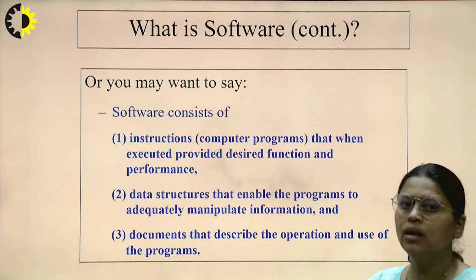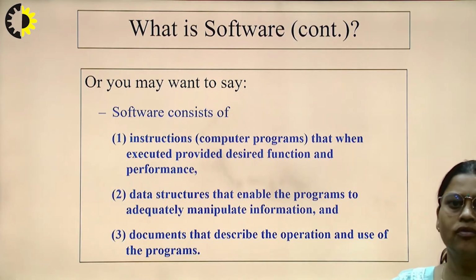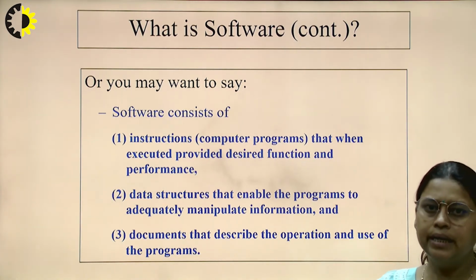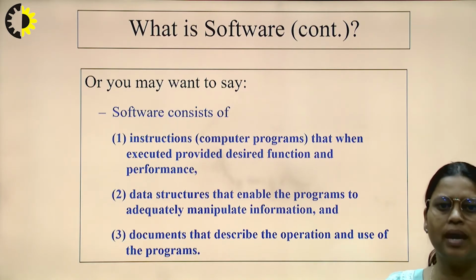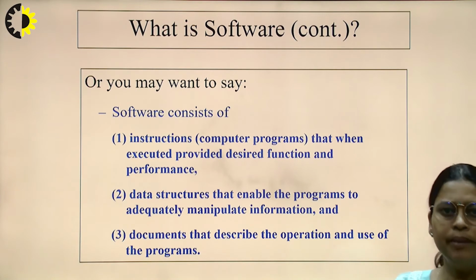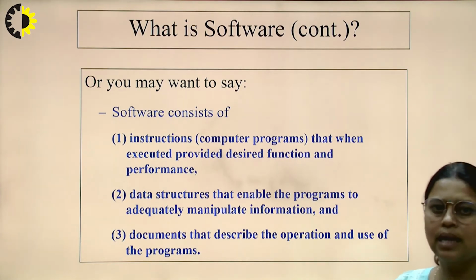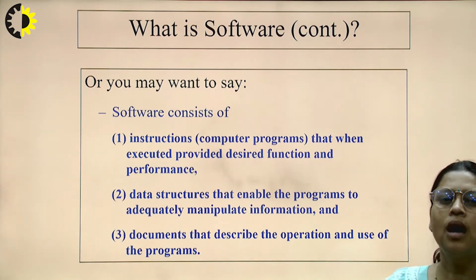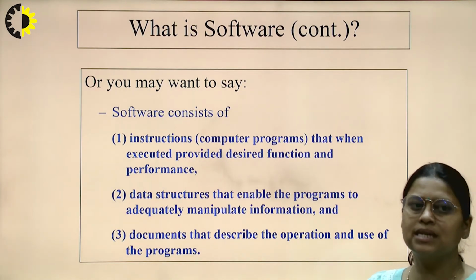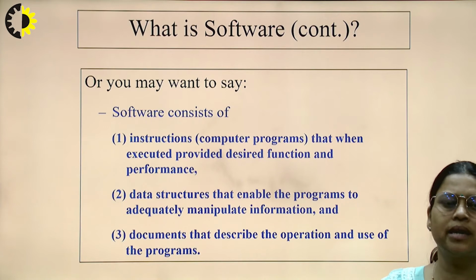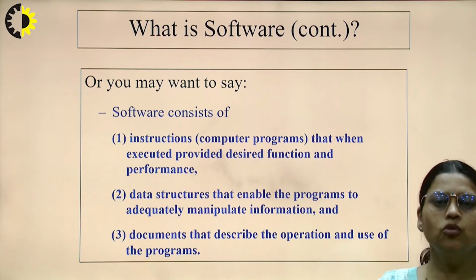And the third major thing is that it is a collection of documents which we prepare during the implementation of programs, like SRS, design document, a complete list of programs, reports, testing reports, etc. These are documents that describe the operations and the use of programs.